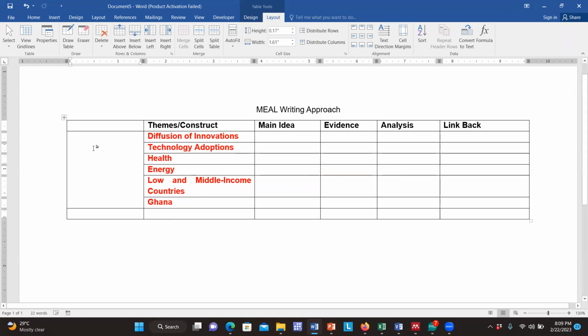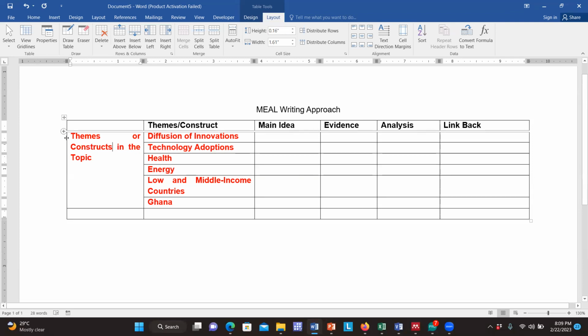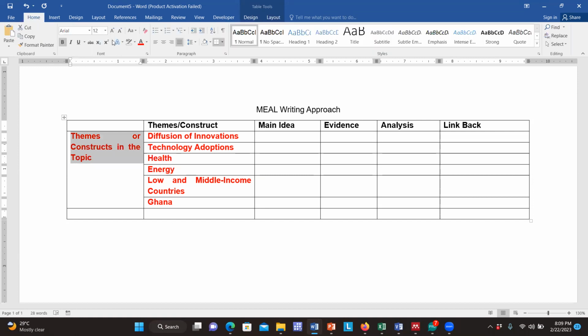So this one talks about the themes or constructs in the topic. Okay. That's what this talks about.